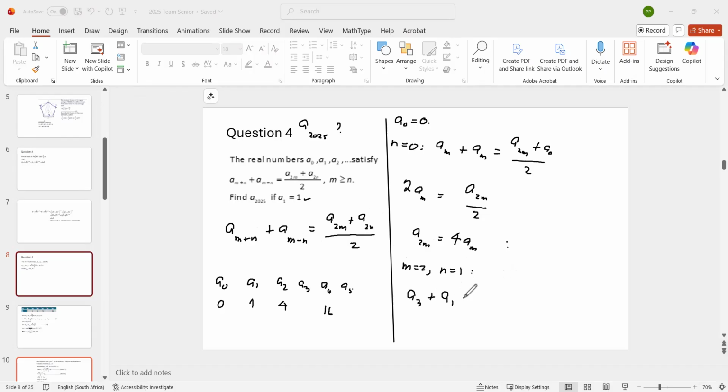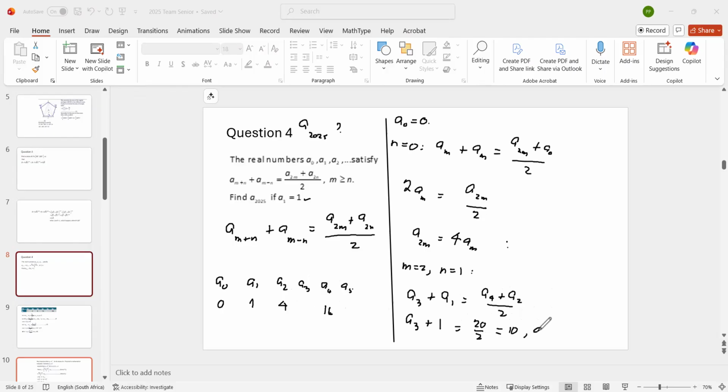So this is a_3 plus 1. A_4 plus a_2 is 16 plus 4, which is 20, divided by 2, that's 10.